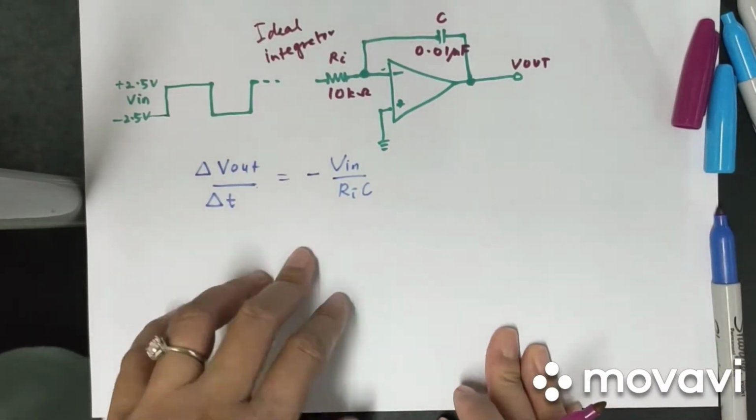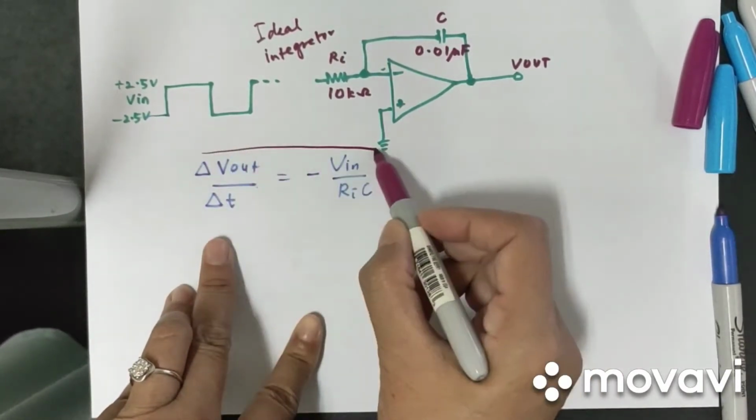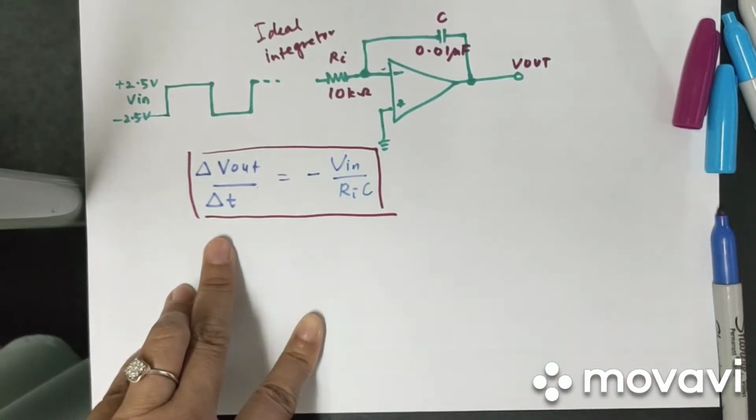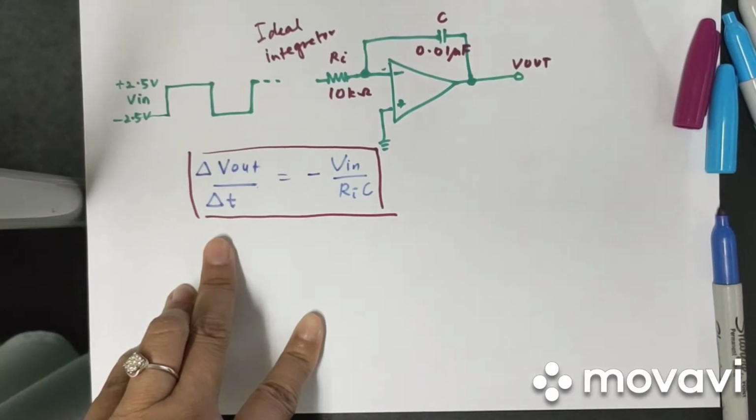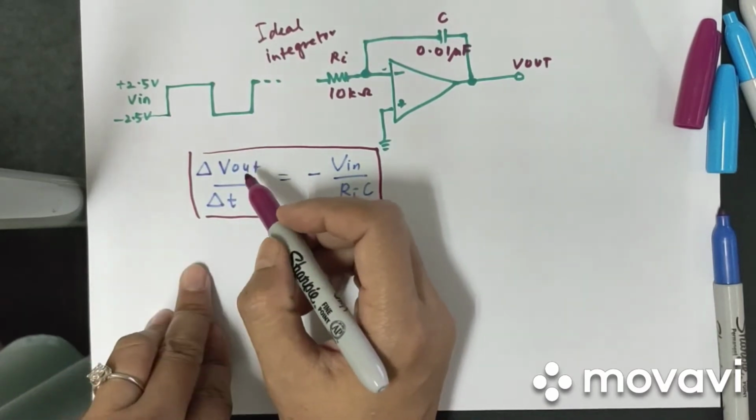All right, now this is the formula. The question is asking you to find the rate of change of the output voltage. So what is rate of change?